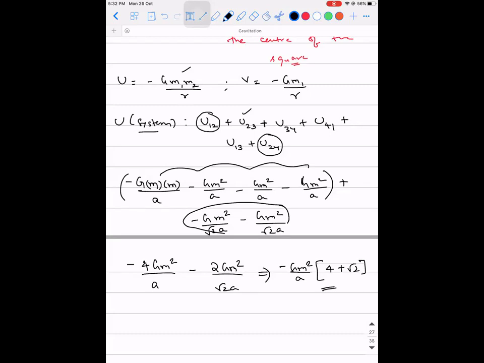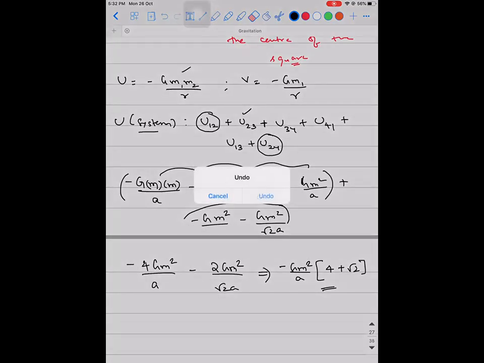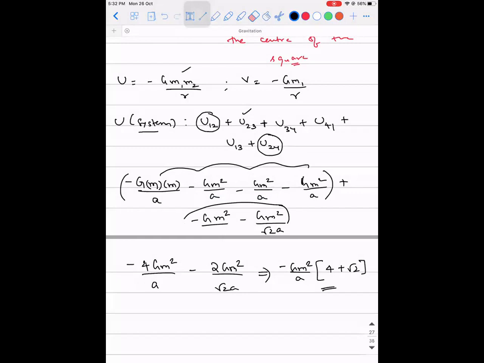Sir, why didn't you write the formula of gravitational potential energy in all the 4 equations, sir? Why didn't I apply? I applied it everywhere. That's what I used, no? Minus G M1 M2 divided by R. See, both the masses are same. M into M is M square.